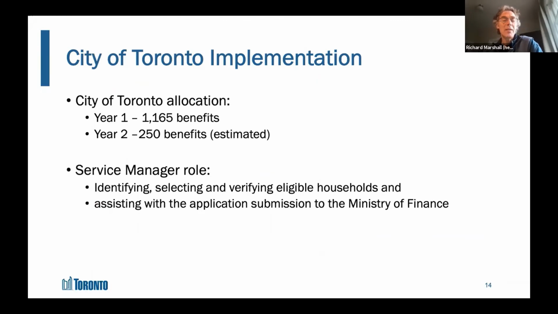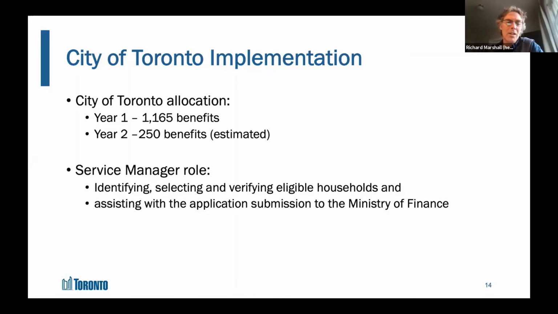Okay, so the City of Toronto's implementation. In year one, there was a funding allocation, and it was an amount of money. We weren't quite sure how many benefits it would support because we didn't know what the benefit amount would look like. But in the end, it supported just under 1,200 households, so 1,165 benefits. Year 2, which we've just started April 1st of this year, is quite a bit of a smaller allocation.